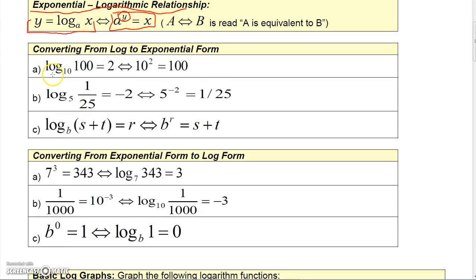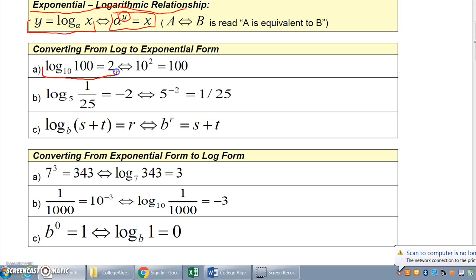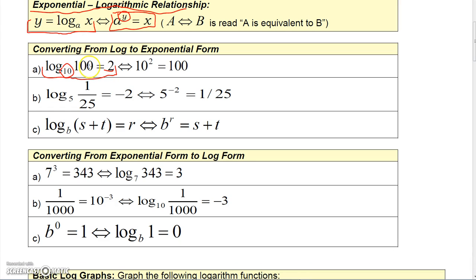So if I were to tell you that this is a true statement, and it is a true statement, that log of 100 base 10 is 2, then that would be the same as saying the base, which is 10, raised to the log, which is 2, equals the argument 100. So that would be the same as saying 10 squared equals 100.